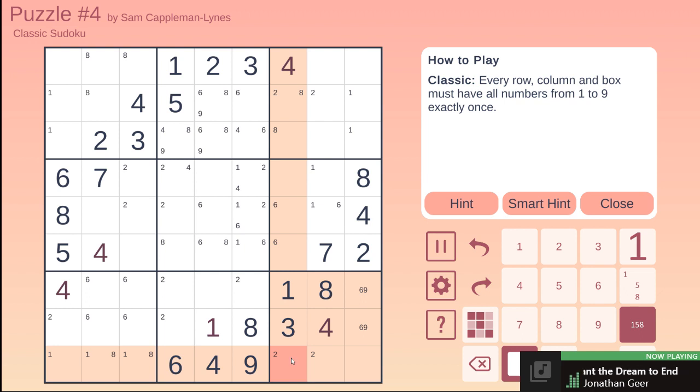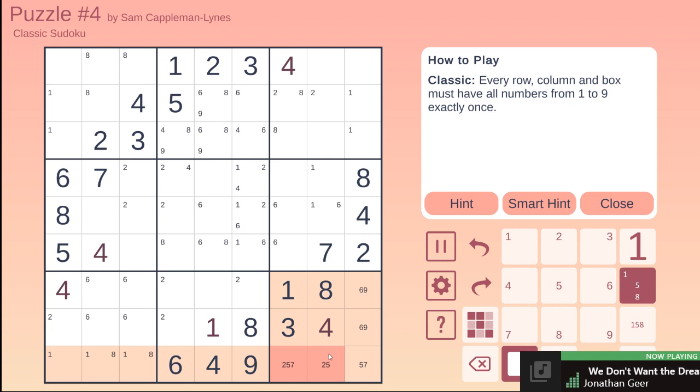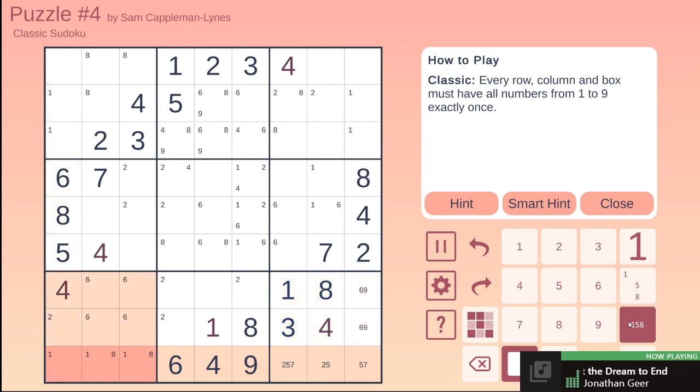Well, this is a 2, 3, 4, 5, 5, 7. So one of these has to be a 7. Any of them can be a 5. And one of these is a 2. Right, that's good, which means this has to be 1, 8, and, wait, 3.